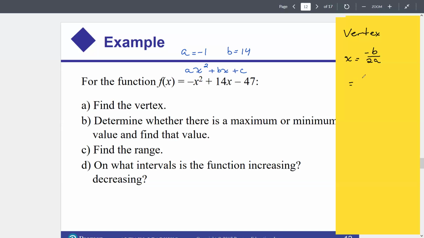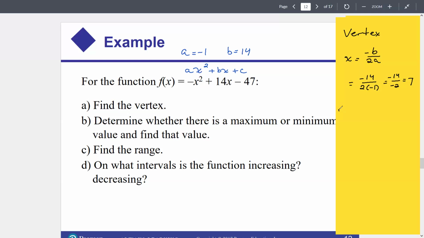So what we have here is a negative 14 over 2, and then a is a negative 1. So this is going to be negative 14 over negative 2. This is going to be positive 7.